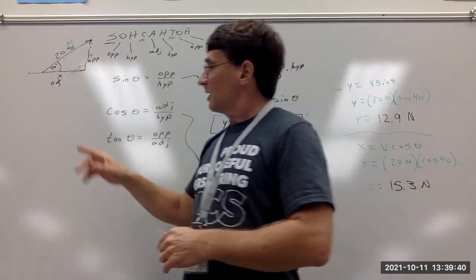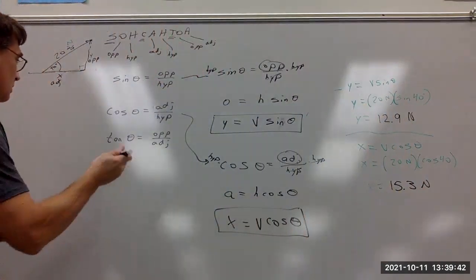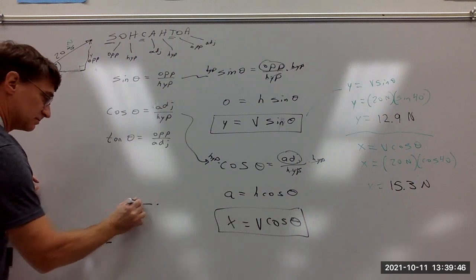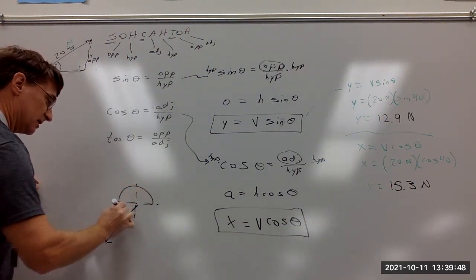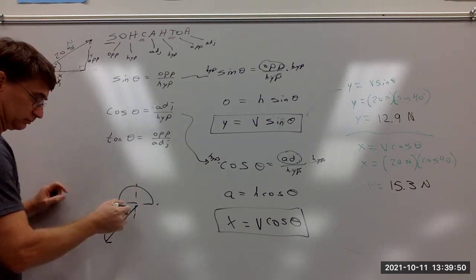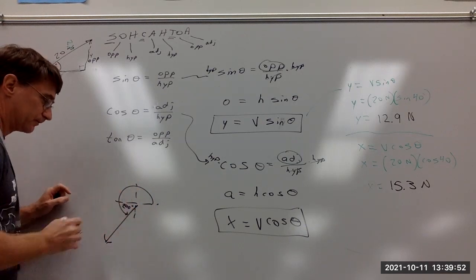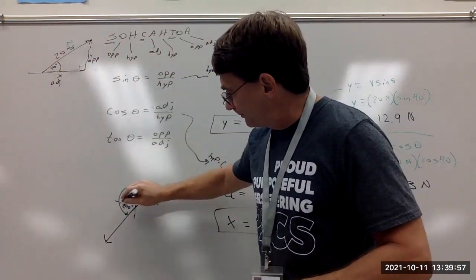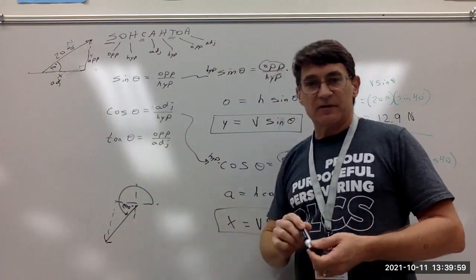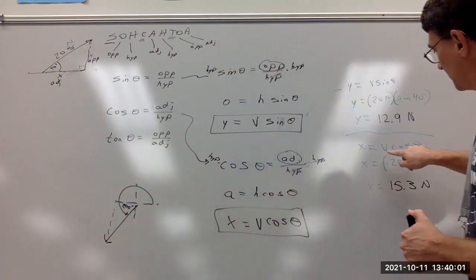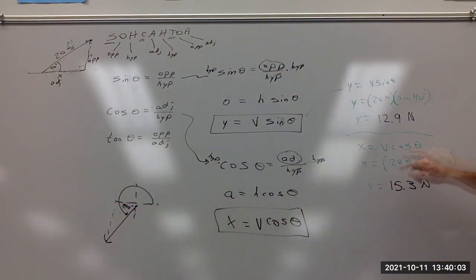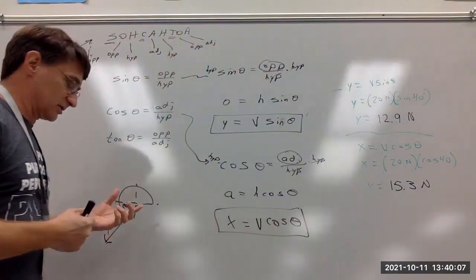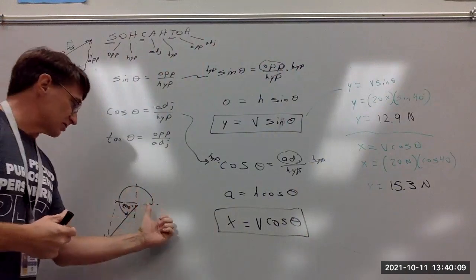By the way, if this vector was 20 meters per second in the third quadrant at an angle of, let's call it 200 degrees. I know the triangle looks a little funky. You could draw one down like that. But if you just do x equals v cosine theta and you plug in 200 degrees as your theta, it's going to get the right number, and it will also correct your sign.